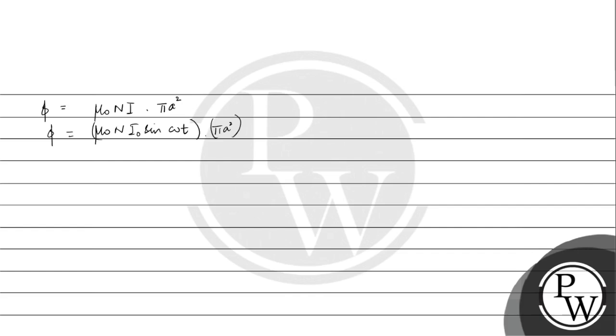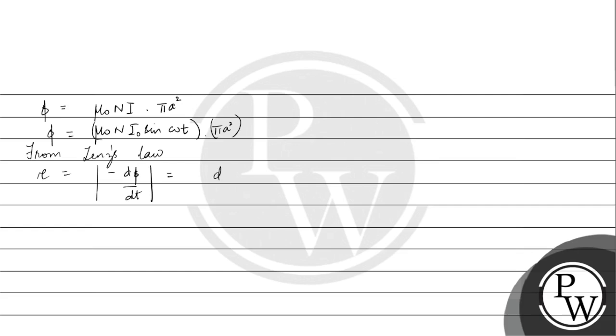So from Lenz's law, we have the induced EMF equal to minus d phi by dt, पर हम अभी यहाँ पे सिर्फ मैग्नीट्यूड लेंगे.